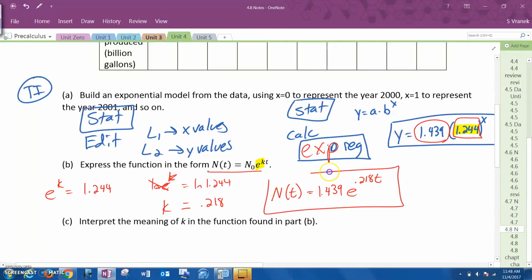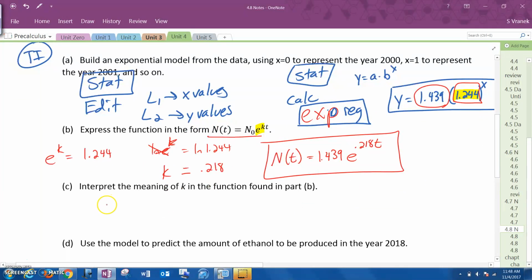So we turn this into an exponential function, which helps us because k gives us the rate. So this is saying that there is a 21.8% growth in production of ethanol per year. Okay?